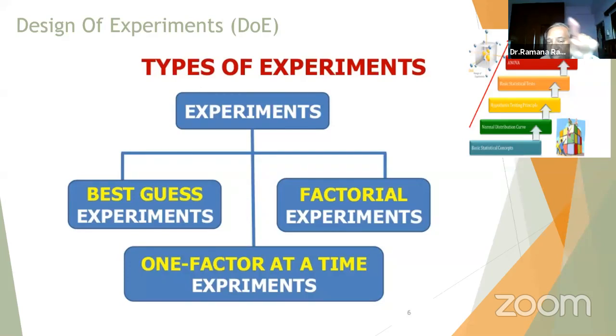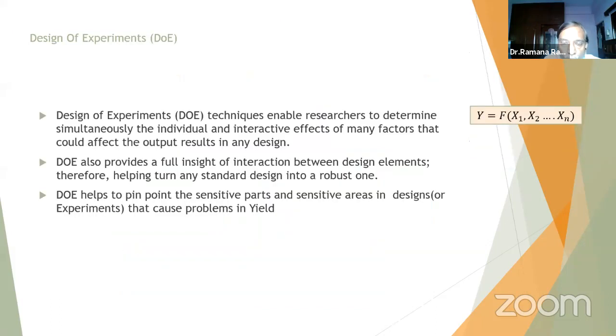That is the purpose of this factorial experiment. Factorial experiments in themselves are a very big subject in statistical modeling. We will see going forward how far we can cover this. The design of experiment techniques will enable researchers to study individual and interactive effects simultaneously.